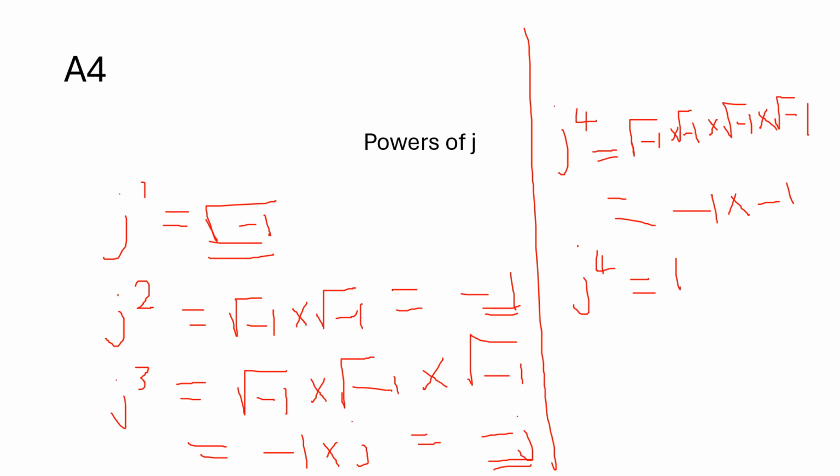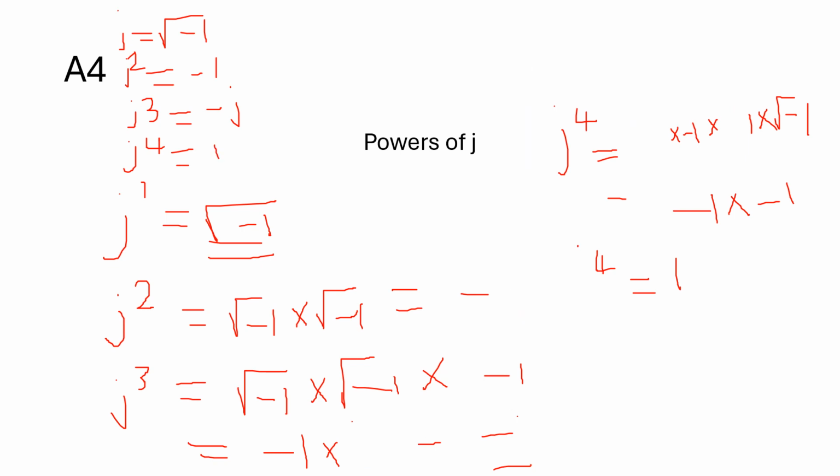Let me write them here at the top: j is equal to the square root of -1, j squared is equal to -1, we have proved that, j cubed is equal to -j, and j to the power 4 is equal to 1. Okay, now let me erase here.